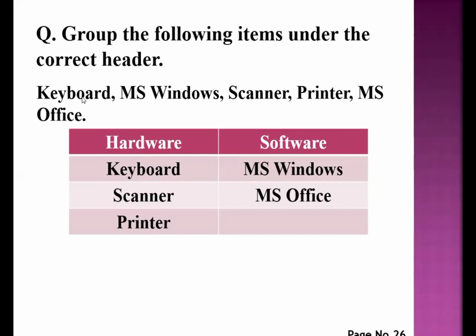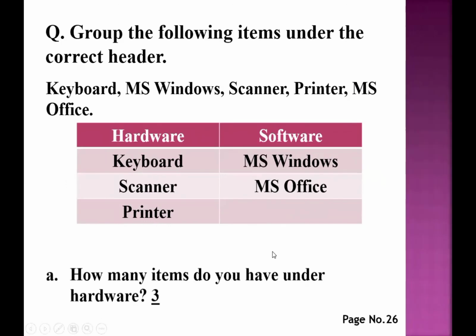Keyboard is a hardware device, MS Windows is software. Scanner is a hardware device. Printer is a hardware device, so we write it in the hardware column. MS Office is software. We use it for typing text, so we write MS Office in the software column.